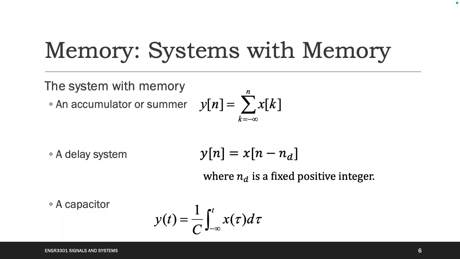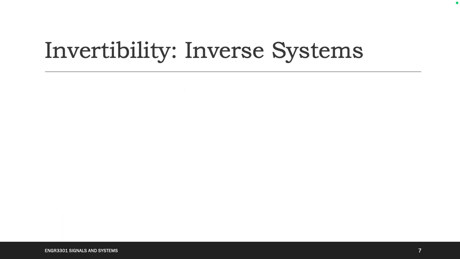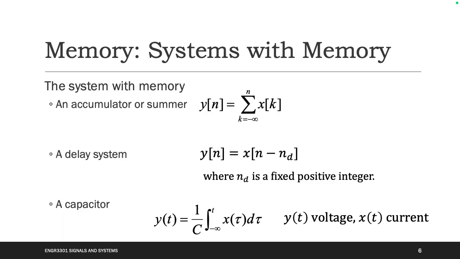That makes sense to you? So this is a system with memory. Y is voltage, X is current. Any question for memoryless and memory? Memoryless, what does that mean? At the same time it is memoryless; with memory, it depends on the previous.